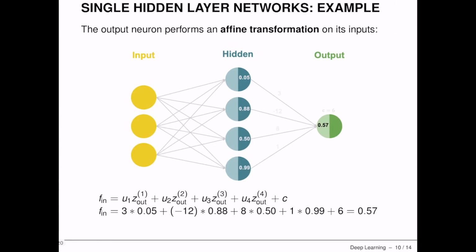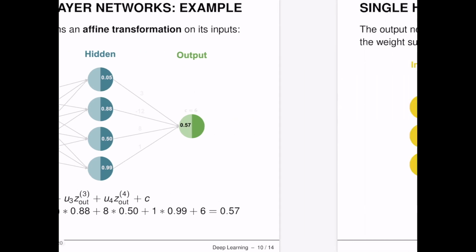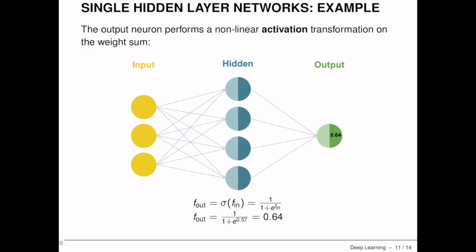By that we calculate the input of the output neuron, which is 0.57 if you do the calculations. And then again the activation function of the output neuron, which again is a sigmoid in this example, is applied, giving us the final output 0.64 of the neural network.